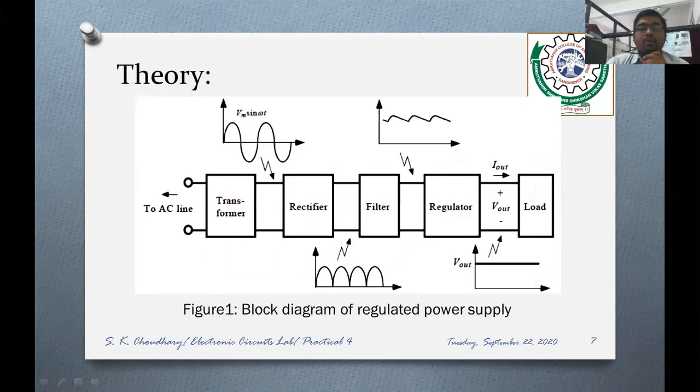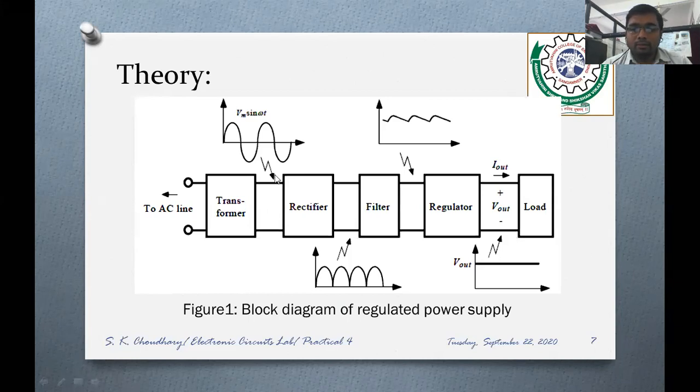First of all, we have to see the basic theory of the power supply. We start from the transformer. The input of the transformer comes from the AC line, that is 220 to 240 volt single phase AC, and here we use a step down transformer to step down the input AC voltage.